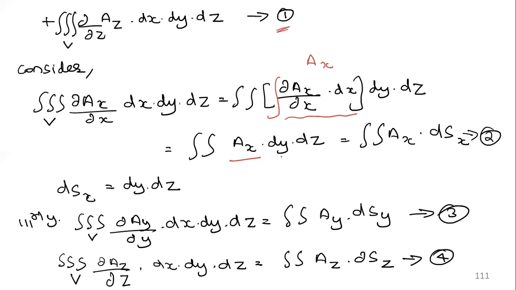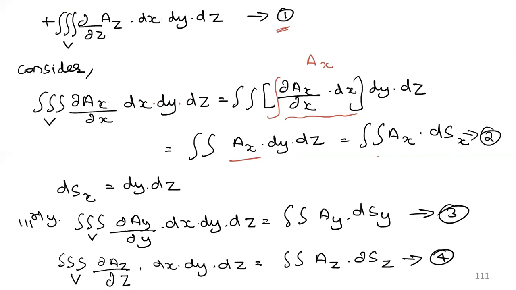In Cartesian coordinates, dy dz is along the x direction, and dx dy is along the z direction. We have studied this: first we wrote the differential element, then differential area, then differential volume, which is the dx dy dz we used here. Similarly dy dz is the differential surface in the x direction, that is dsx. So the double integral of ax dot dsx.